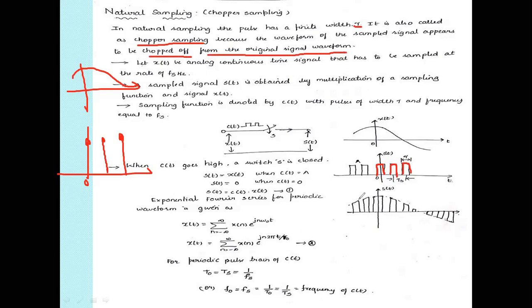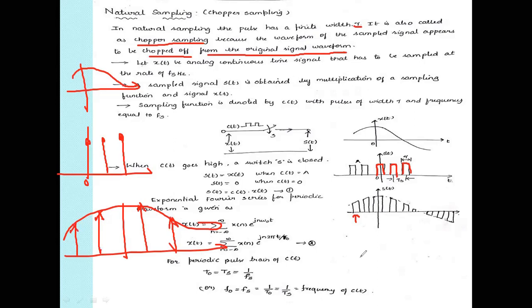See, chopping means it cuts. Simply, there is a tau width. The signal is just like a chop of the signal. Previously, there is no width of that signal having the impulse signal. But in this, there is a width we get after the sampled version of the natural sampling.